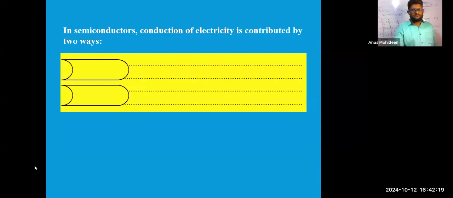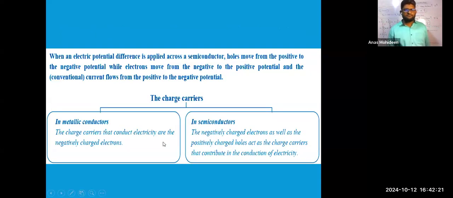Positive charge carriers. All right. So you see, when an electric potential difference is applied across a semiconductor, holes move from the positive to the negative terminal, while electrons move from the negative to the positive potential. And the conventional current, electric current, also flows from positive to negative. Accordingly, the charge carriers we discussed.